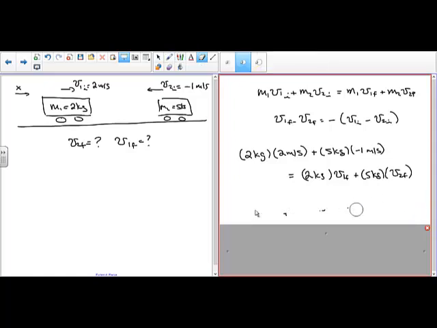So that's where I made a mistake. So we got V1 final, which I don't know, minus V2 final, which I don't know, is equal to negative V1 initial, which is 2 meters per second, minus V2 initial, which is negative 1 meters per second.